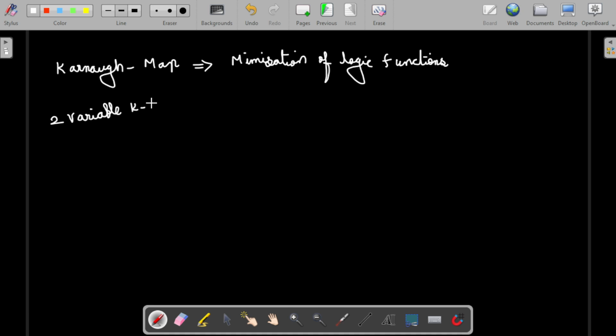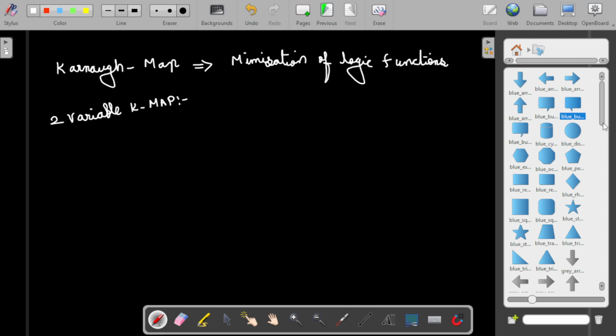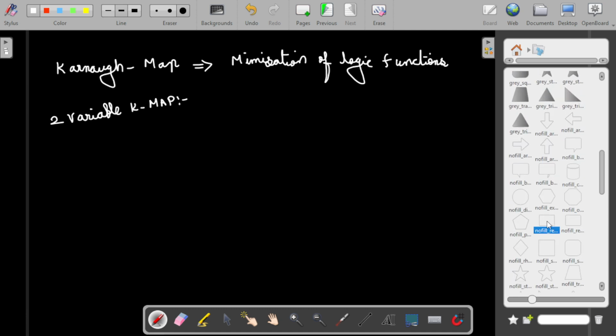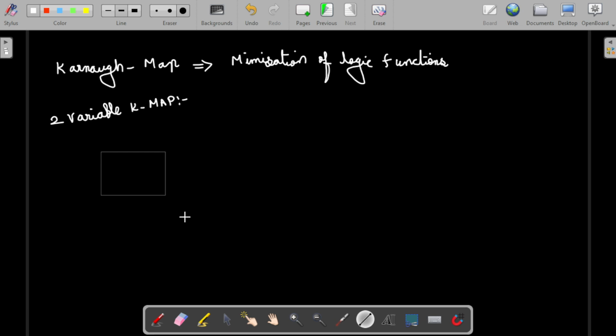So let's take a two variable K-map. Let me draw it. This is the standard procedure that they gave, and with this only we have to draw the K-maps. I'm separating this into 2 and then 2 into 4.